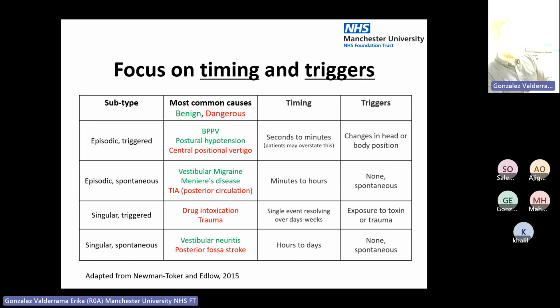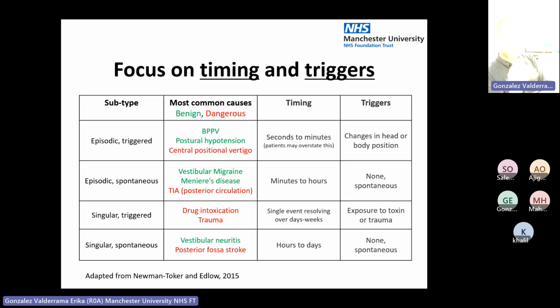It applies less so in the outpatient setting where you've got someone who's been dizzy or off balance for months and months and months, but still essentially the same kind of things apply if you think back to how it began. So we split this into 4 subtypes, but let's start by splitting it into 2. You've either got episodes of dizziness, discrete episodes that start and end, or you've got a singular episode. So you've either got it happening multiple times or a single time.